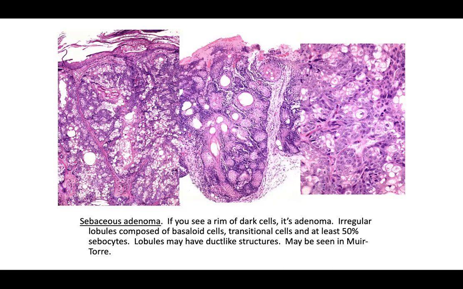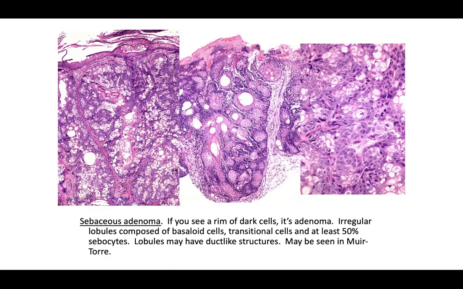This is somewhat of a borderline tumor because it's getting close to being a sebaceoma, but these really well-defined lobules here would allow someone to argue that it's an adenoma. Sebaceous adenoma and sebaceoma are benign. Sebaceous carcinomas, though, need to be completely excised with negative margins.